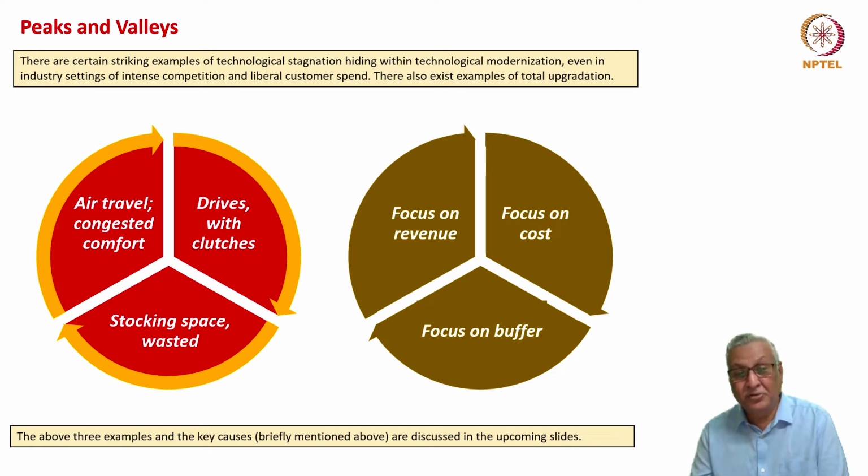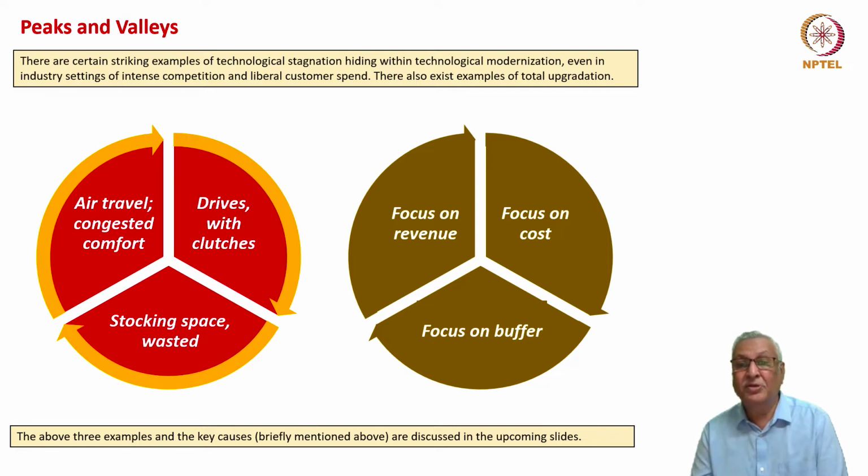And when you look at the other mobility solution on ground, that is automobile, the drives still have clutches, particularly in the commercial vehicle sector. When you look at retailing and warehousing, you will find that huge amounts of stocking space is wasted. So a lot of technological modernization is happening in terms of the aircraft, in terms of the automobiles, in terms of the malls and the warehouses, but the inner core somehow seems to suffer.